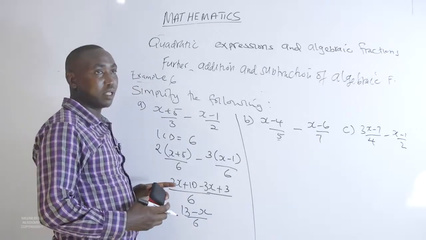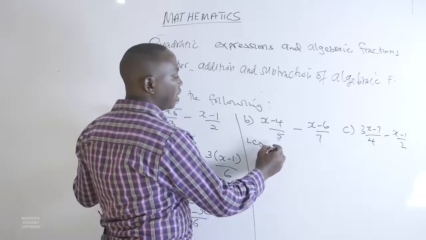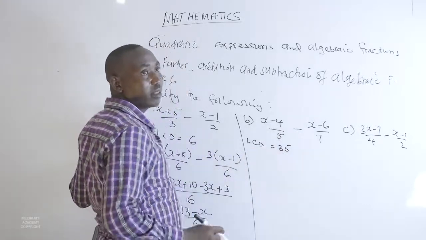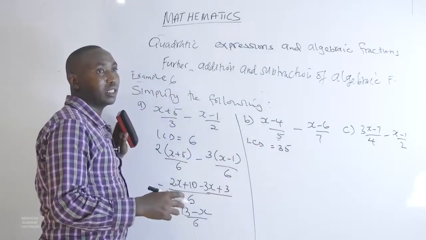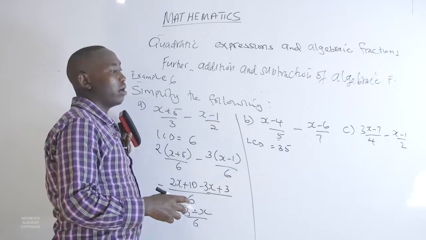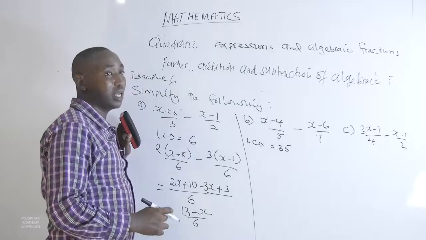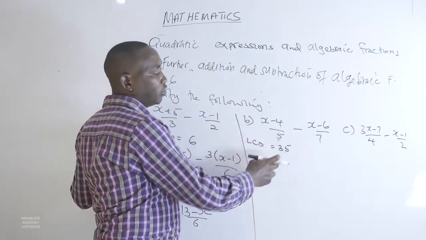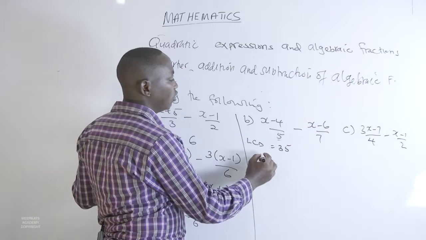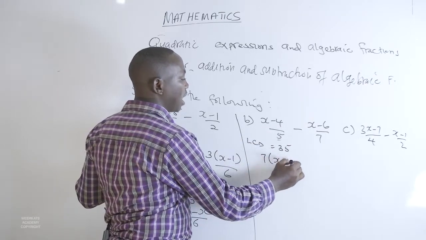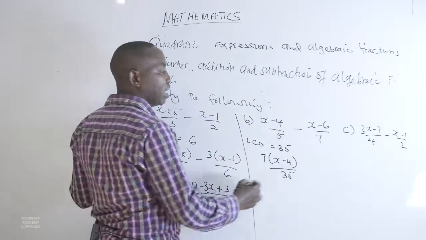Number B, the LCD of 5 and 7 is going to be 35. We now seek to rewrite these particular expressions or these fractions using the LCD as 35. 5 goes into 35 7 times, and that means you multiply the numerator by 7, and that will be 7 into x minus 4 all this divided by 35.